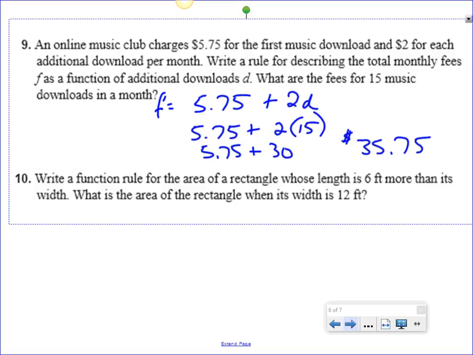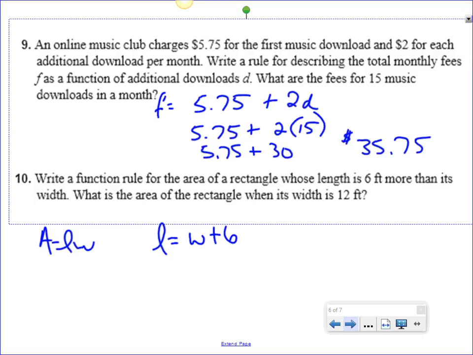Okay, next one, write a function rule for the area of a rectangle whose length is 6 more than its width. So we're thinking area first of all, length times width, and the length is 6 more than its width, so that's its width plus 6.